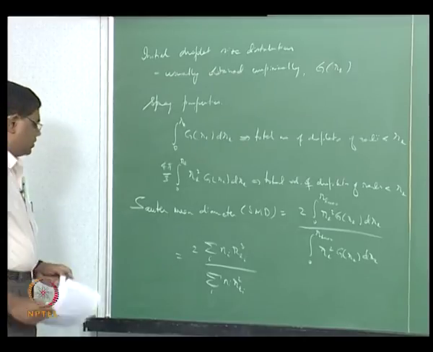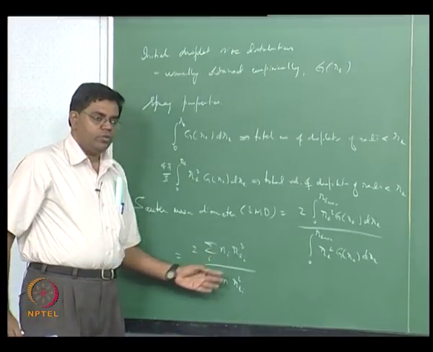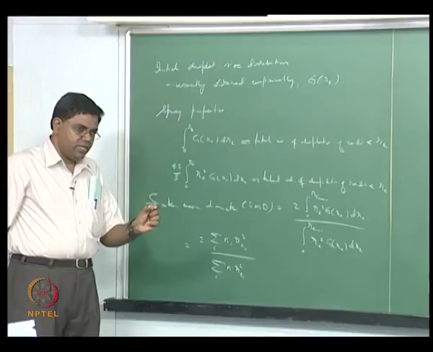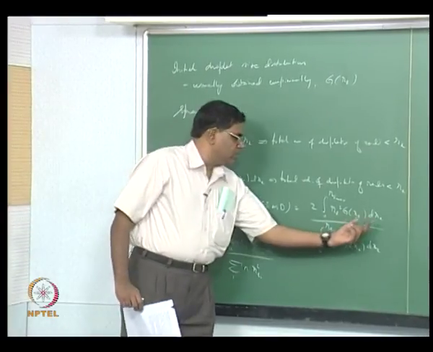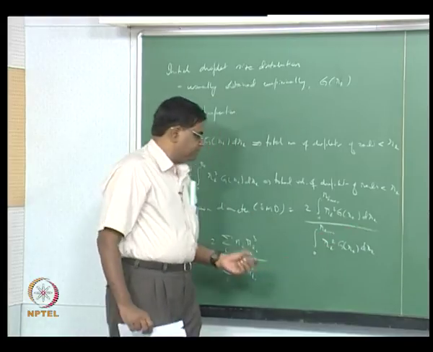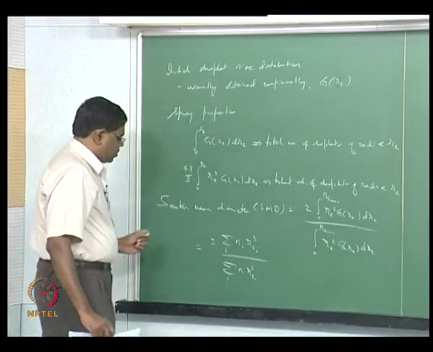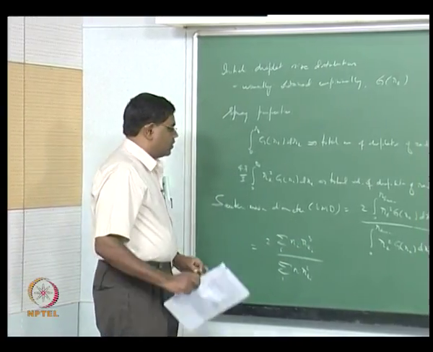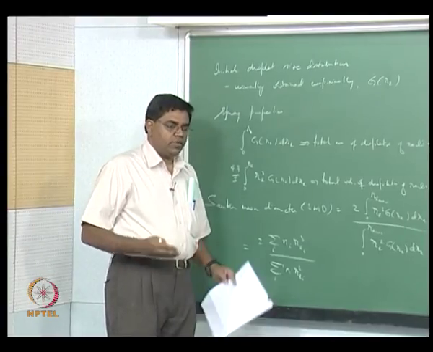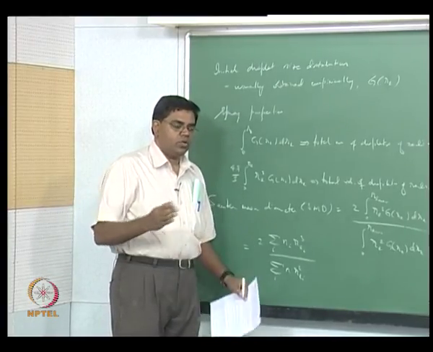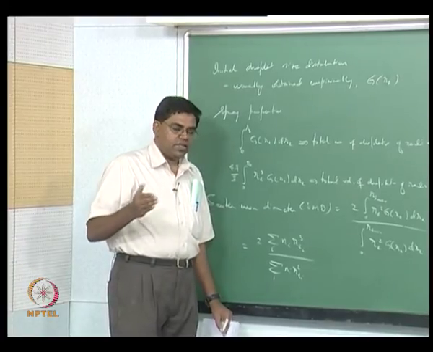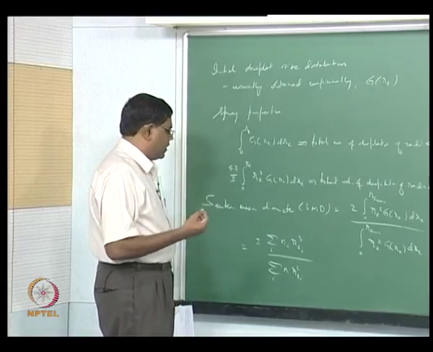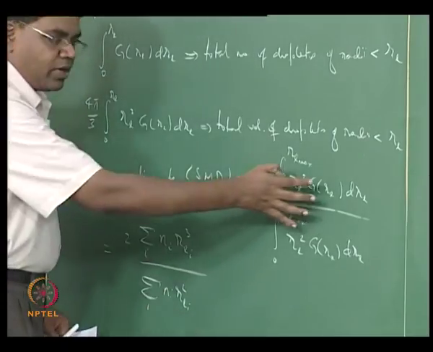Now this is something that is more familiarly used, because typically what we do is we have a bunch of droplets and we size them into bins of certain elemental radius, and then you count the number of droplets in each bin, that is the Ni, and so on. So you essentially get what's called a histogram, and if the bin size is very small, that means you are counting a large number of droplets and placing them over higher resolutions of radii, then this can actually become an integral, right.